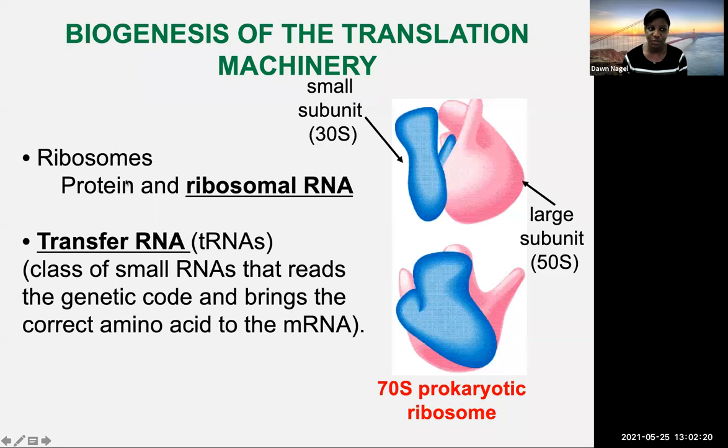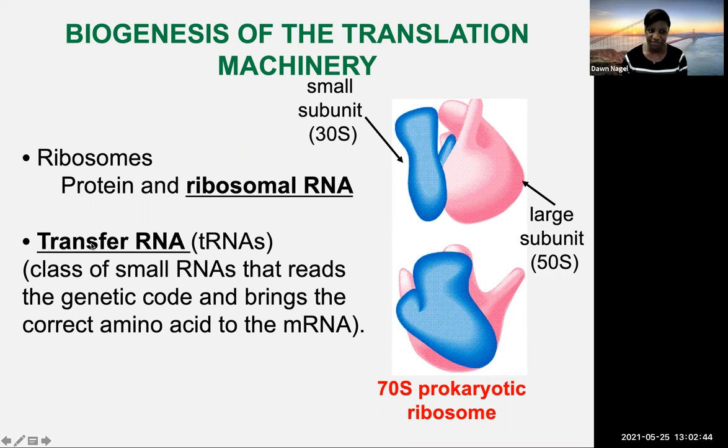It's the same with the ribosomes. You have protein and ribosomal RNA that come along with this complex. They usually have 2 different sizes of subunits, and they usually separate to attach to the mRNA. When translation is ready to proceed, they come back together. We'll talk about that in a minute.